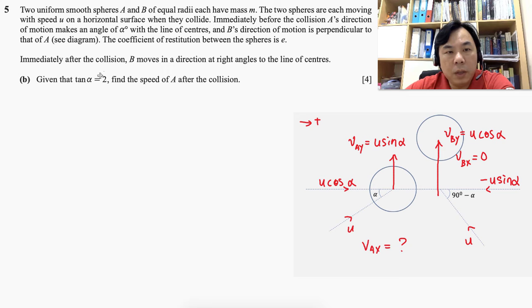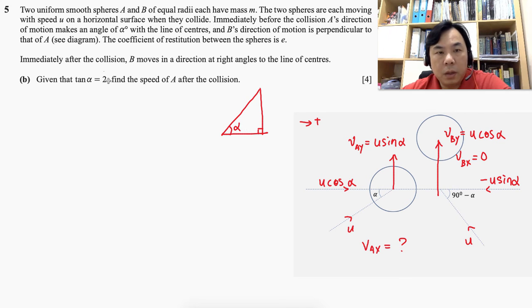Now given that tangent alpha is equal to 2, we can use a simple triangle here. Let me draw a right-angled triangle with reference to alpha.